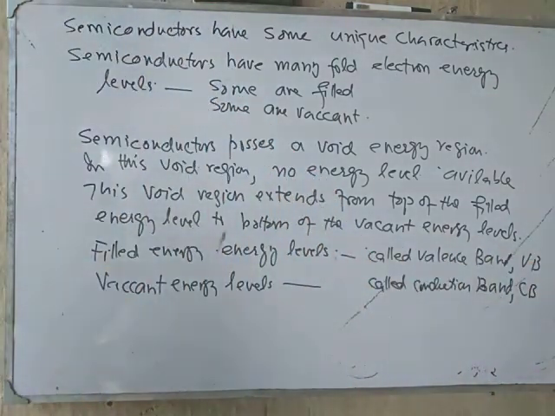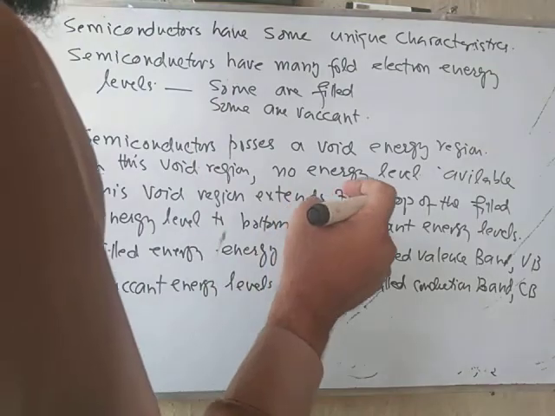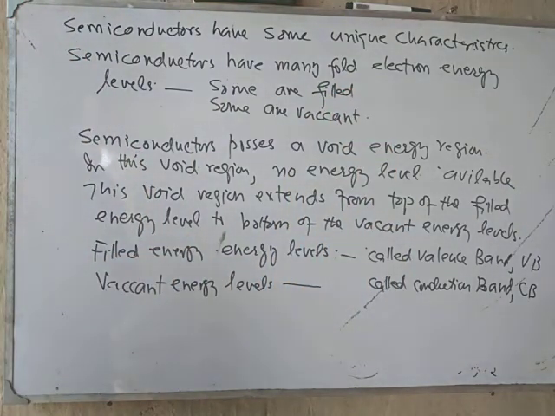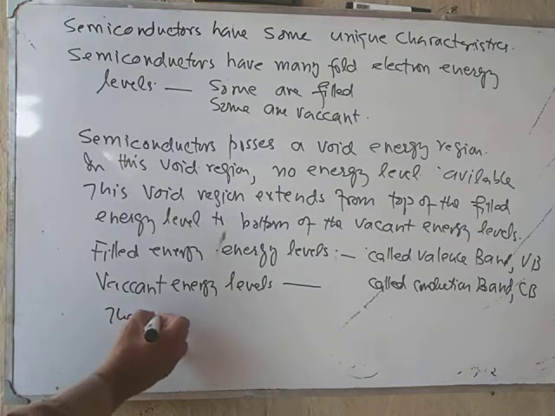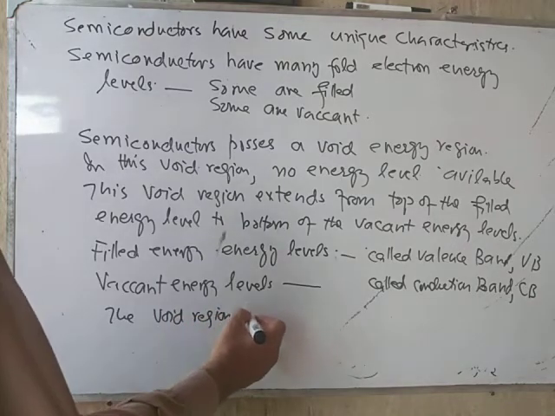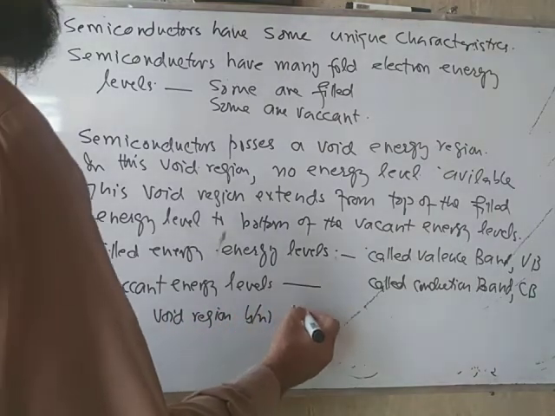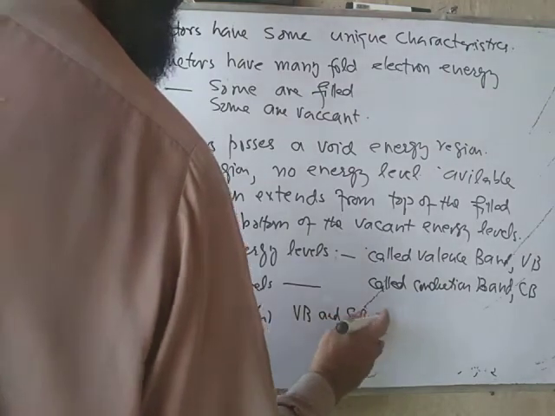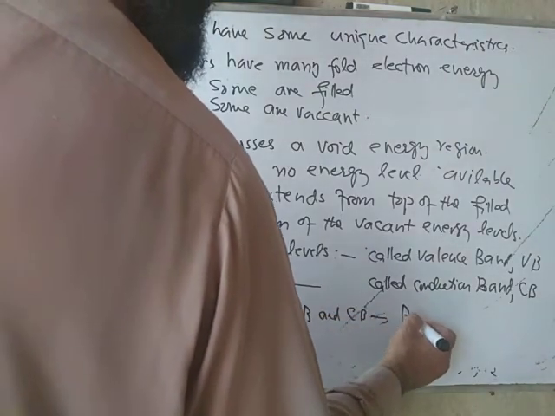And there is a gap, a wide region between valence band and conduction band. This wide region between these two bands is called the band gap.